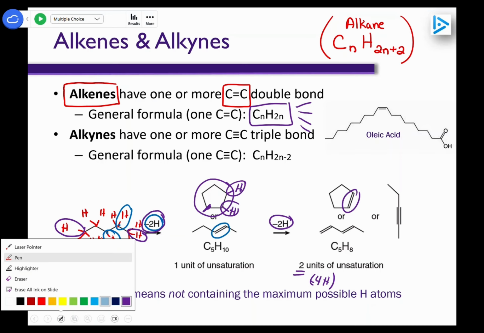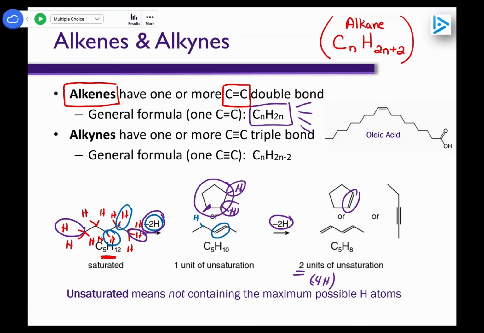Or I could take away these 2 hydrogens and form another double bond. Or I could even take away the 2 hydrogens at the double bond already. And we'll jump to another color here. If we take away 2 more hydrogens, 1 from each of those carbons, we end up with a triple bond.